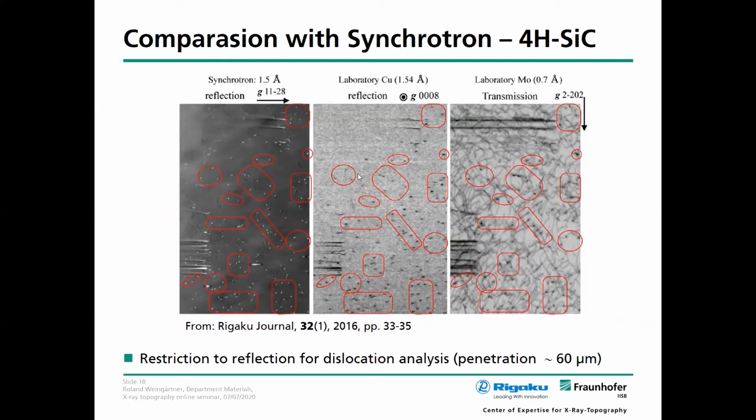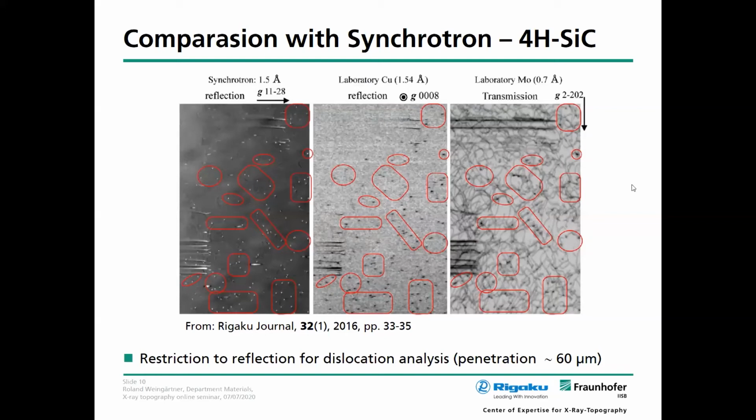On the right-hand side, we measured the same position with the XRTmicron, one with reflection and the other in transmission. And you can see that all these defects are marked, and we have exactly the same structure of defects, as it should be. So we can identify the defects just like at a synchrotron. There is no drawback.